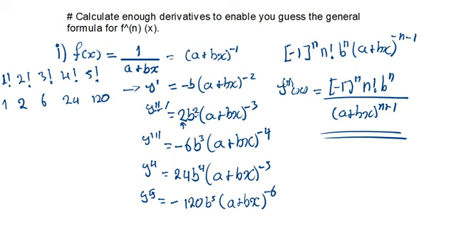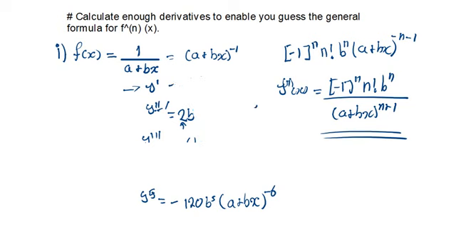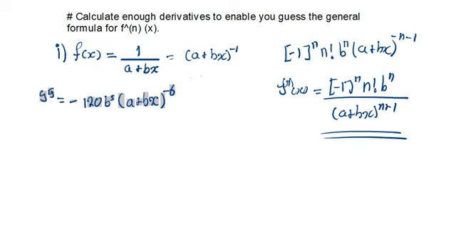Okay, so if you want to try this out, let's pick the fifth one. Let me just get rid of these others. For the fifth one, the value of n is equal to 5.